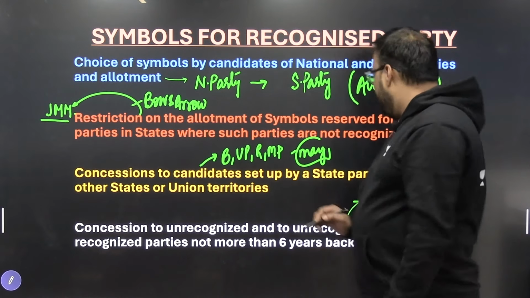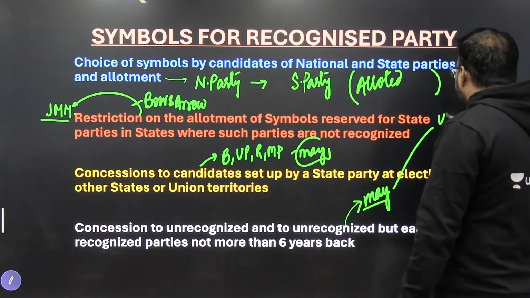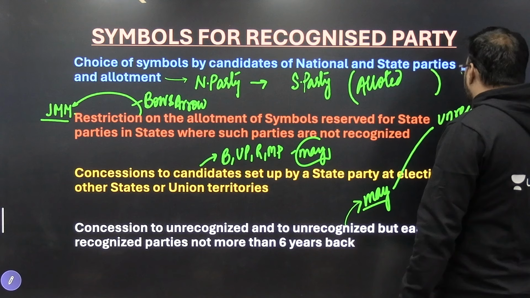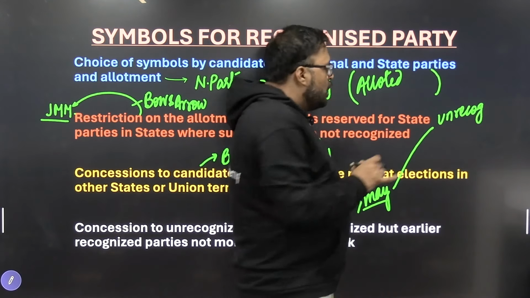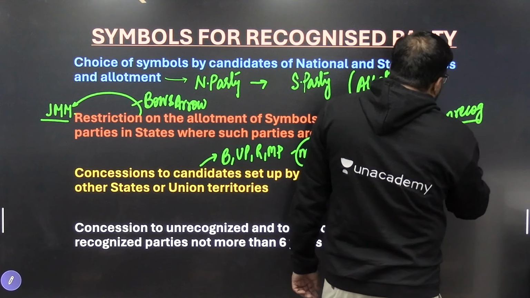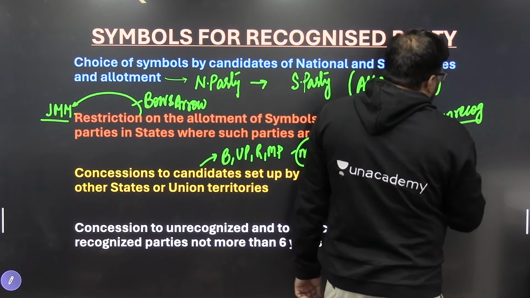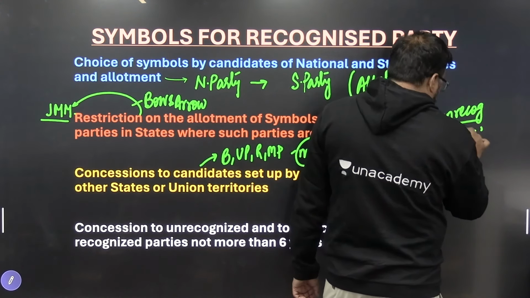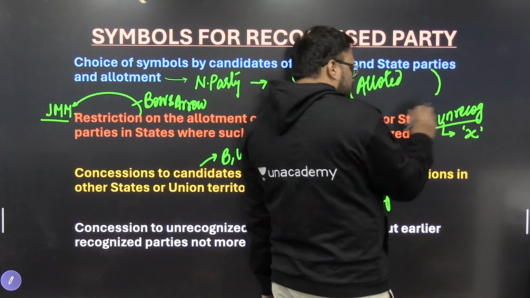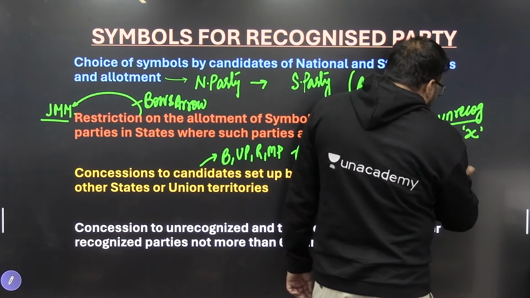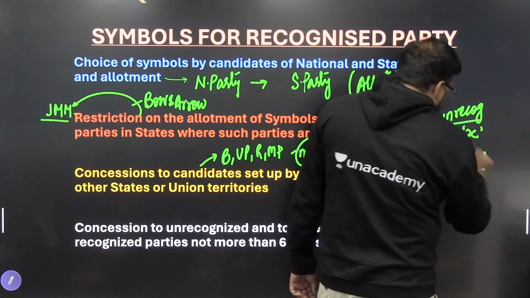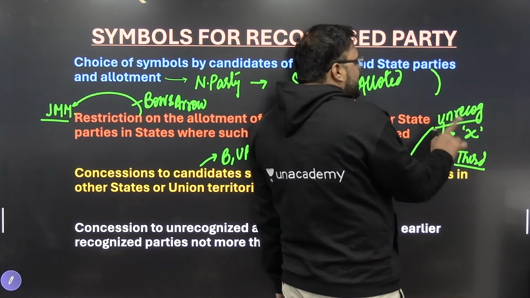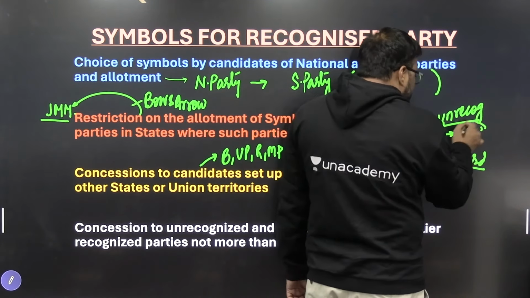So for example, if there is an unrecognized political party, and in two consecutive elections they have used the symbol X. Now, for the third time, they want to use the symbol X again. So the Election Commission of India may give them the same symbol.